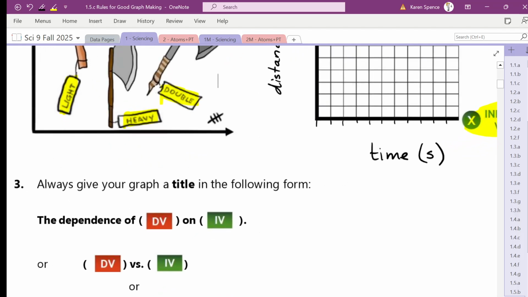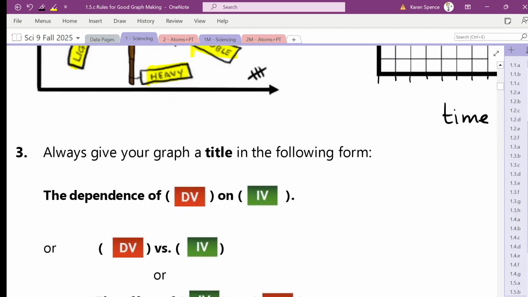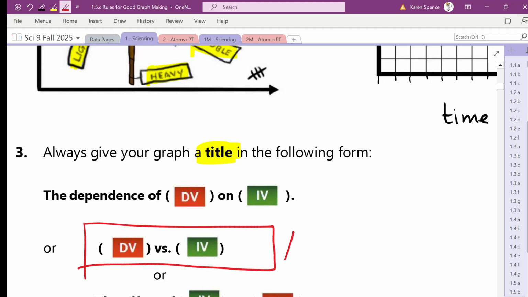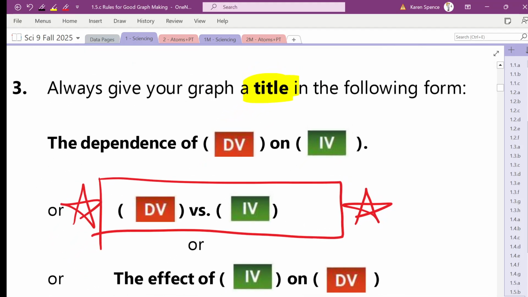You are always going to give your graph a title in one of the following forms, and I'm going to put a box around one of them and some stars, because this is the easiest one. If you're only going to learn one of them, you're going to learn that one, which is dependent variable.